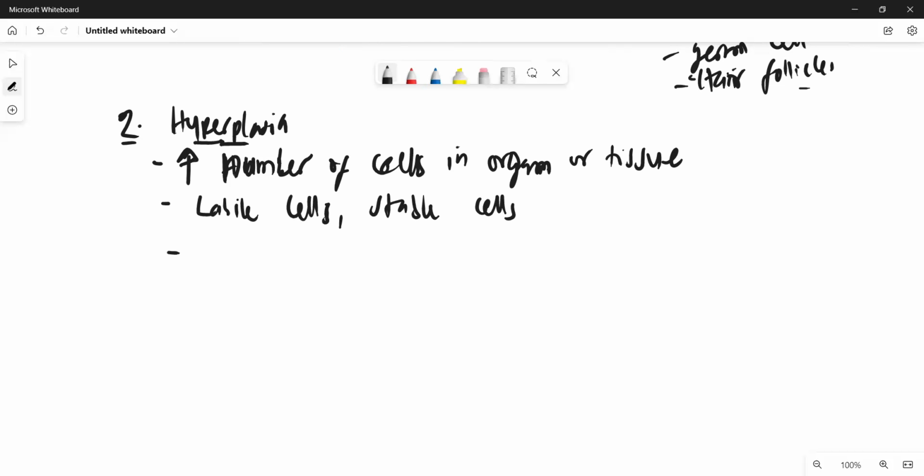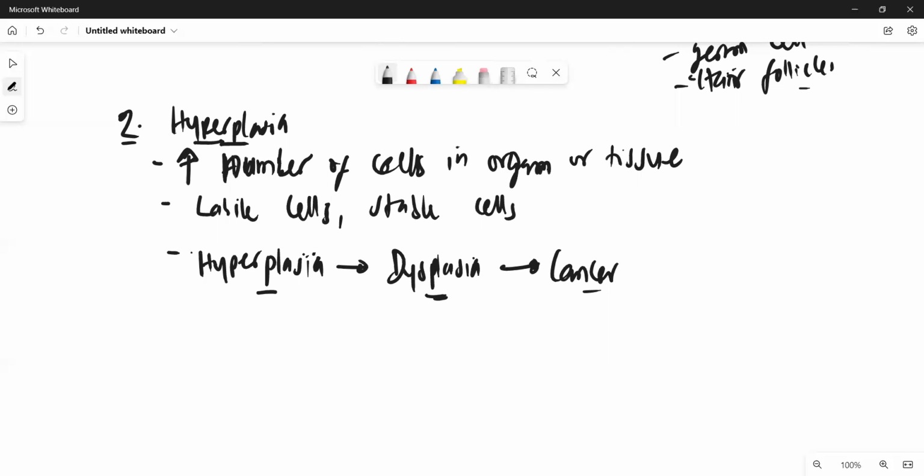The other thing that's important to remember before we talk about examples of hyperplasia is that hyperplasia can increase the risk for dysplasia. Dysplasia is abnormal cells, and this dysplasia can lead to neoplasm or neoplasia, which is what we call cancer.